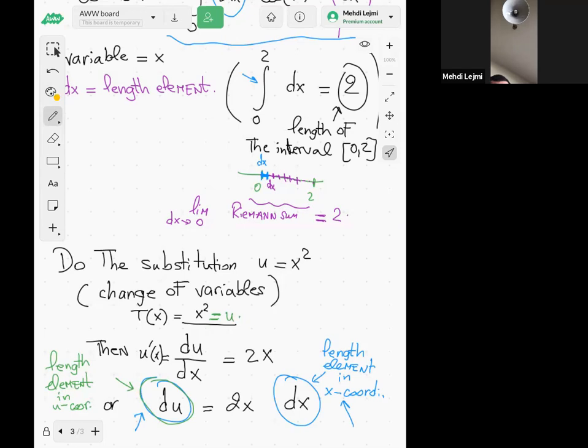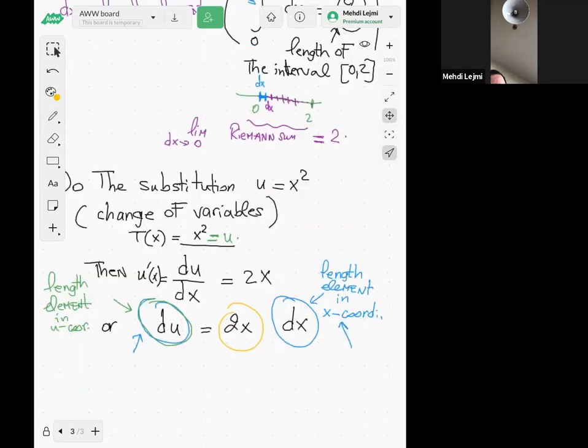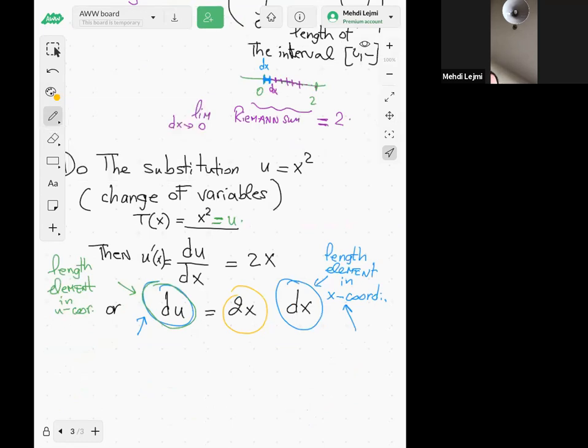So this 2x measures how the length in the u direction relates to the length element in the x direction, right?